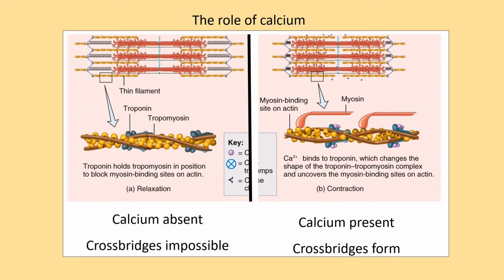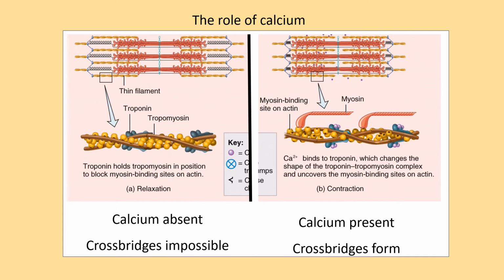So here we can look at those thick and thin filaments and what's happening when calcium is absent from the cytosol in a relaxed muscle cell versus what's happening when calcium is present in the cytosol, when calcium has left the sarcoplasmic reticulum and diffused into the cytosol. So let's take a look at what it looks like when calcium is not present.